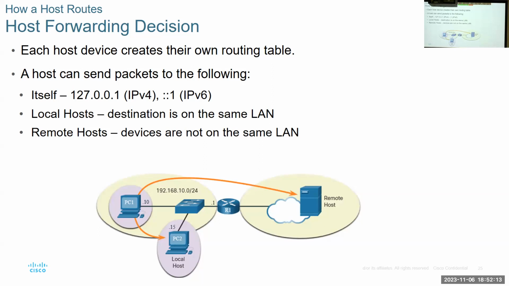But temporarily it puts the port in what's called blocking mode so that packets that could end up being a loop don't get forwarded. And then once it decides that what's connected here isn't causing a loop, it links. And then periodically it sends out status packets to make sure that the topology hasn't changed.